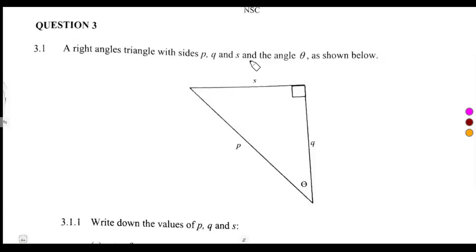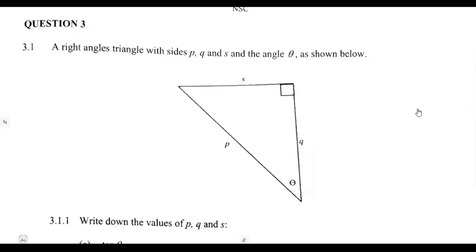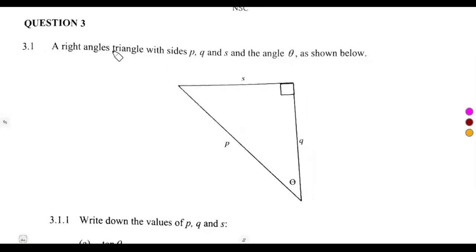So on question number 3, we are simply given a right-angled triangle with sides P, Q, and S, and the angle theta as shown below. So this is our right-angled triangle, guys, with our sides and everything.